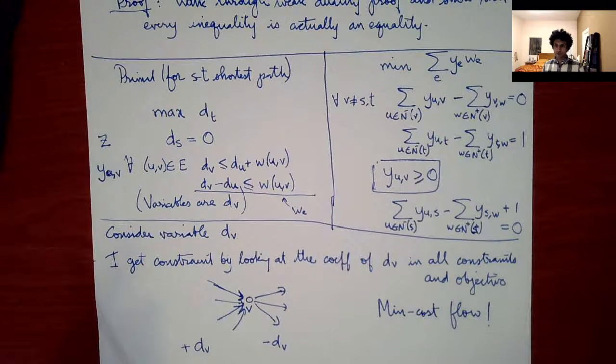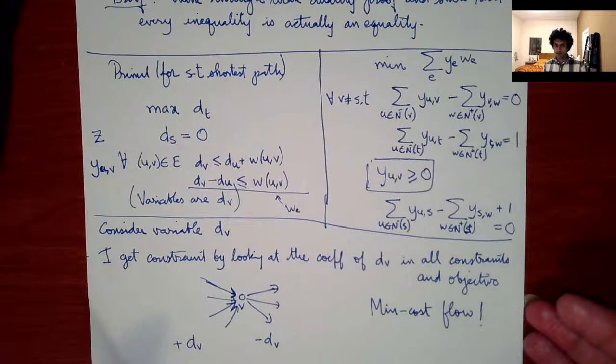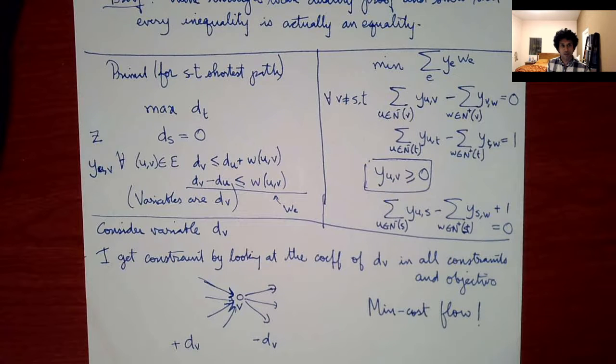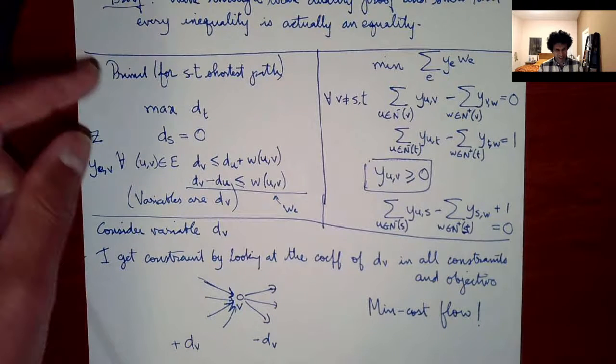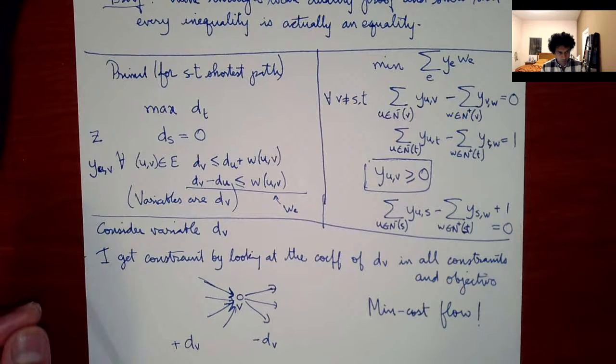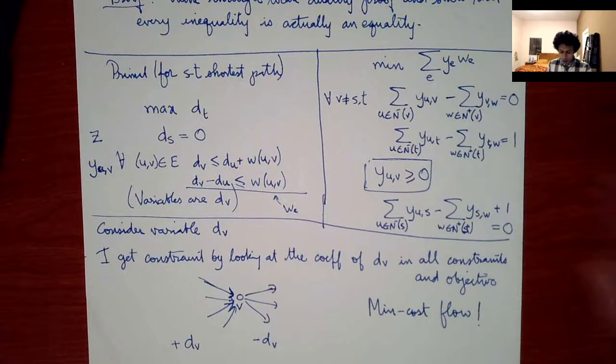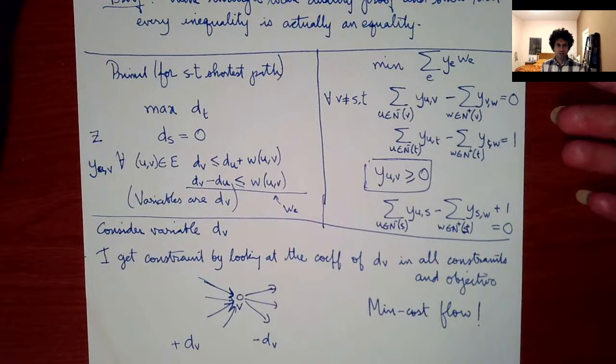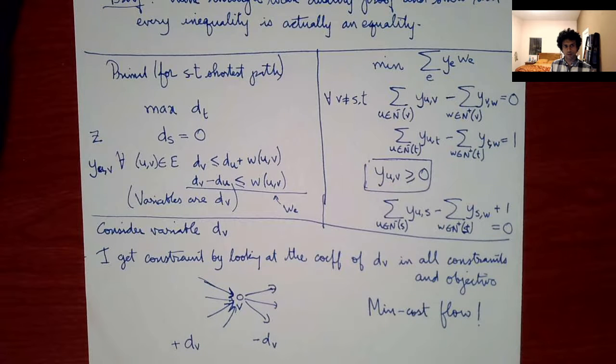It's hard to see your faces, but you should blow your mind away. If you haven't seen this before, this is amazing. What LP duality says is that there's some connection between shortest paths and flows. How do you solve this? Just verbally tell me, what is the solution for this min cost flow problem?